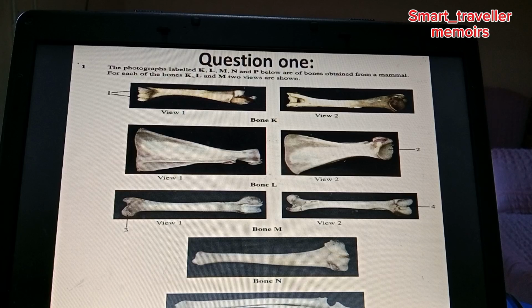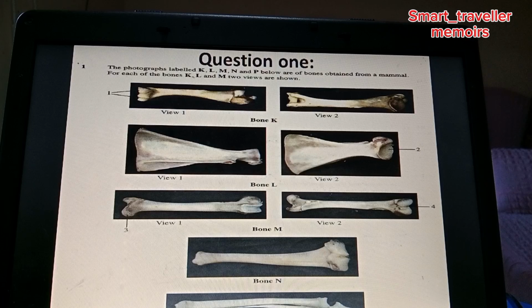Question 1. The photographs labeled K, L, M, N, and P below are bones obtained from a mammal. For each of the bones K, L, and M, 2 views are shown.